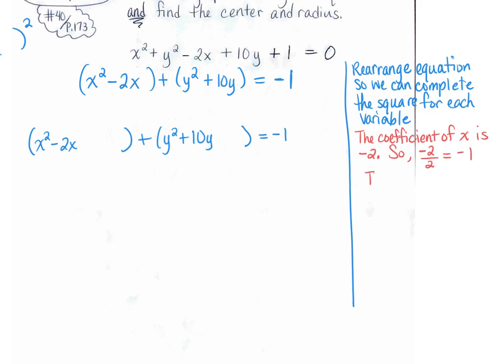Then we take -1 and square it. What's that? 1. So add 1 to both sides of the equation. So this is going to be +1, +1, because what you do to one side of the equation, you have to do to the other. So we completed the square for x.